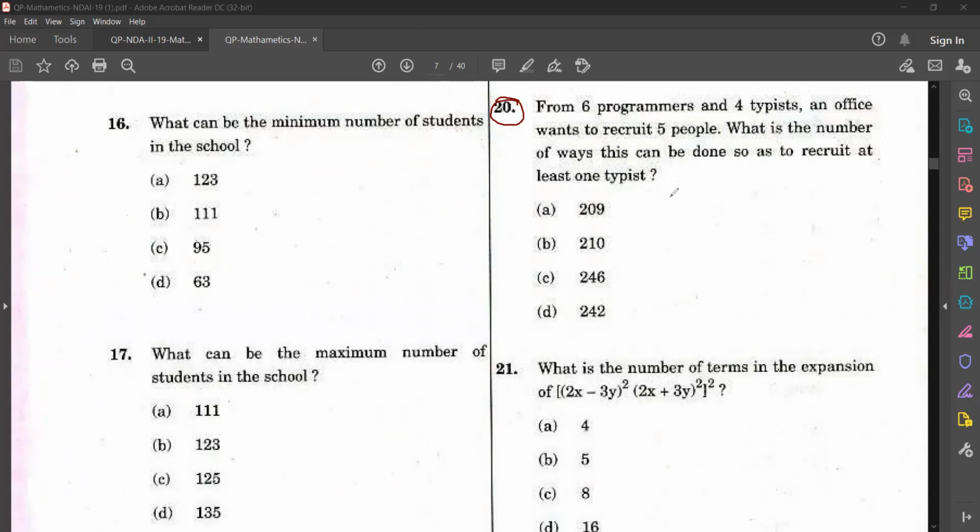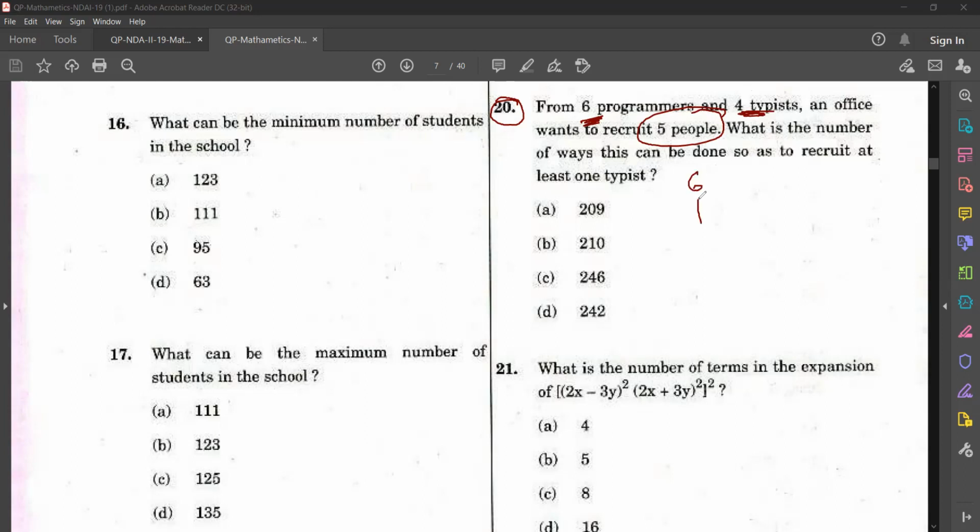Minimum 1 typist, more than 1 is also fine. But they need programmers as well as typists among the 5 people. So how many ways can we do it? See, 6 programmers and 4 typists; at least 1 typist should be there.